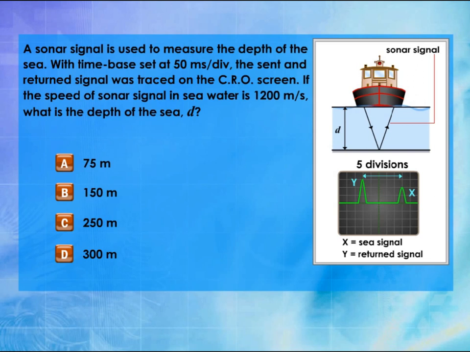A sonar signal is used to measure the depth of the sea, with time base set at 50 milliseconds per division. The send and return signal was traced on the C.R.O. screen. If the speed of sonar signal in seawater is 1,200 meters per second, what is the depth of the sea?